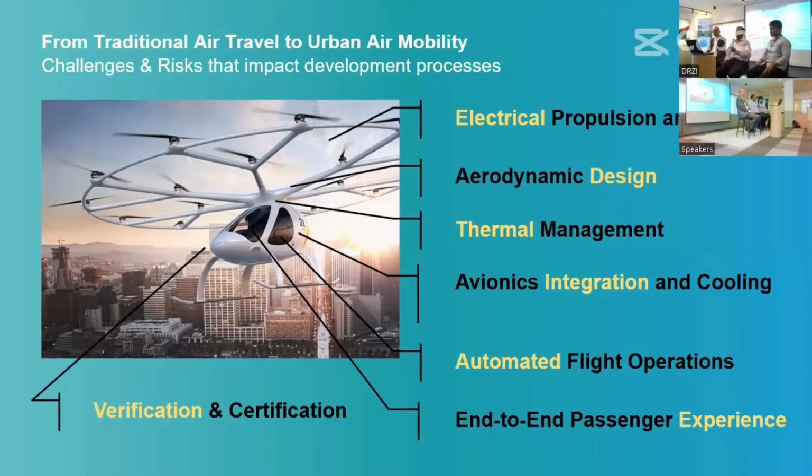The second thing is how this product is going to work in aerodynamics, thermal, and other things like avionics integration as well as cooling. And if it is autonomous, we also want to simulate the autonomous behavior, right? How it senses, and how it calculates and drives its path, and so on.